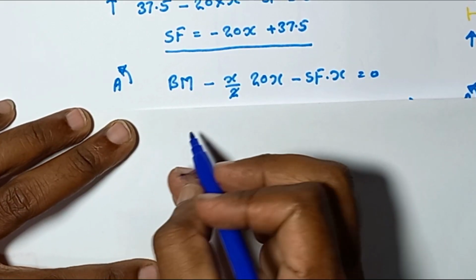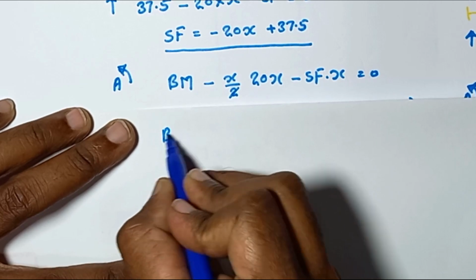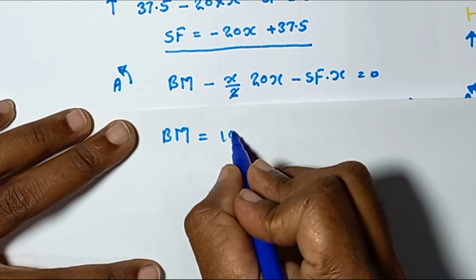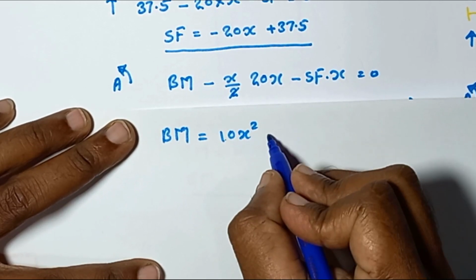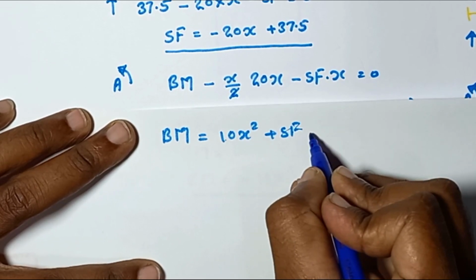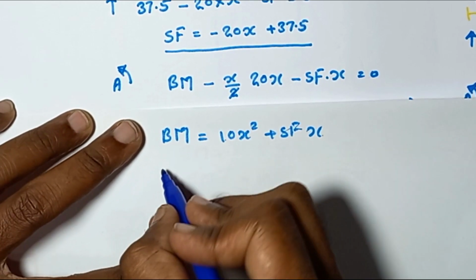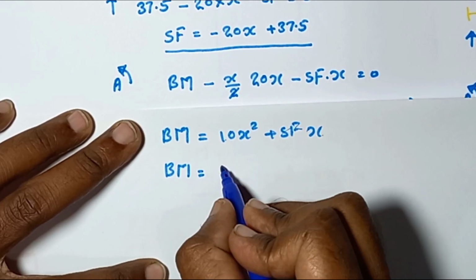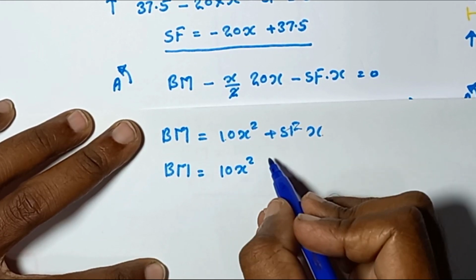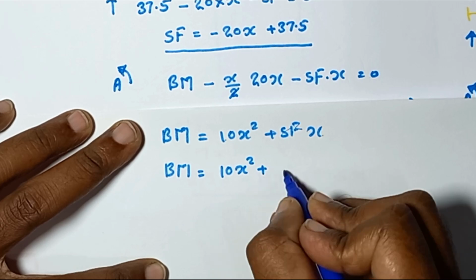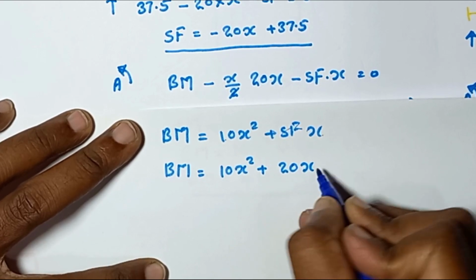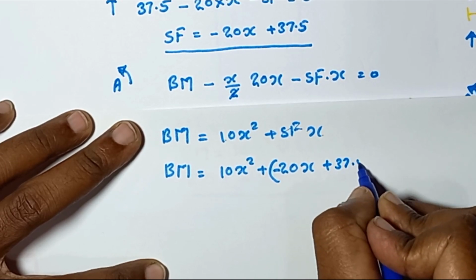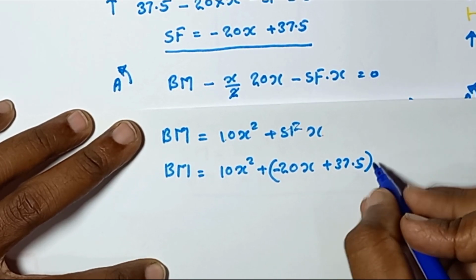Here, by making the bending moment the subject, we are getting bending moment is equal to 10x square plus shear force into x. Then the bending moment is equal to 10x square plus the shear force, minus 20x plus 37.5, into x.